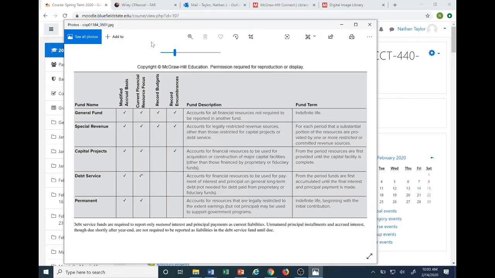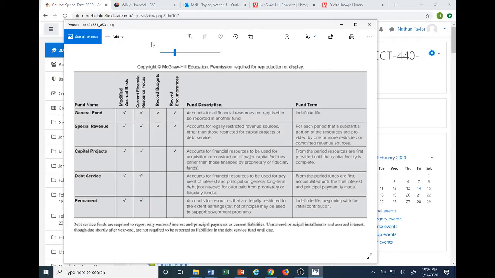Special revenue fund, same thing. It operates on both the modified accrual basis and recognizes the current financial resource measurement focus. It also records budgets and encumbrances. It accounts for legally restricted revenue sources other than those restricted for capital projects or debt service.